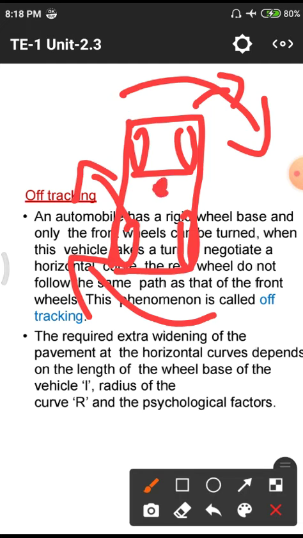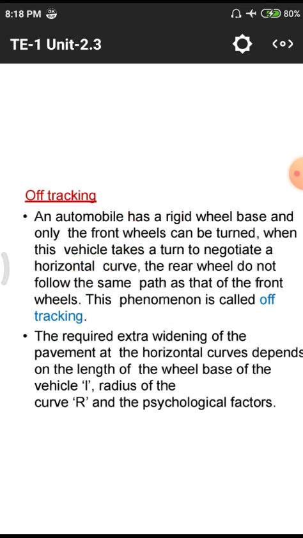This is the center point of the vehicle. One wheel is moving in one direction, another wheel in another direction, so the total vehicle will be drawn in circular motion. So we have accessibility to the front wheels only, not to the back wheels. To negotiate a horizontal curve, the back wheels follow the same path as the front wheels. This phenomenon is called off tracking.